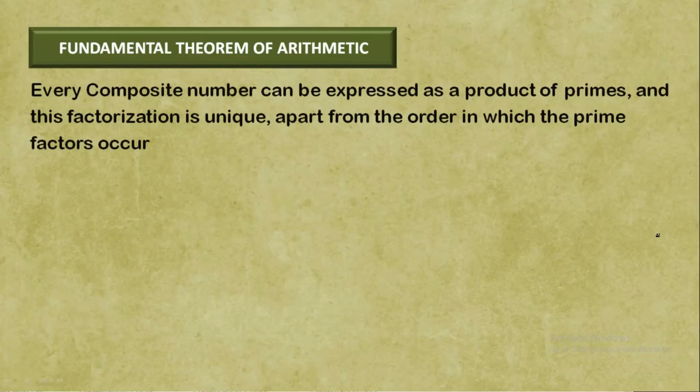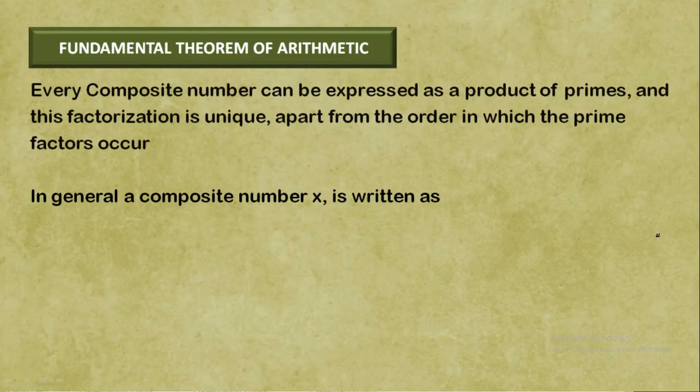This is the statement. Now, for example, if you take any composite number, that can be factorized as a product of primes regardless of the possible order of writing them. So we can write it in as many ways as we can.